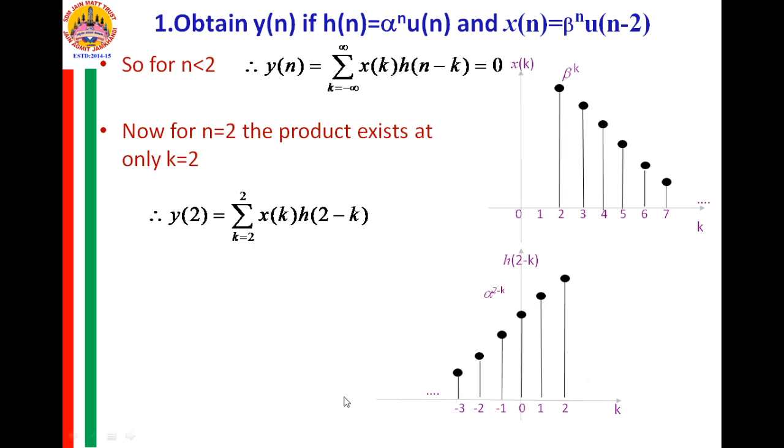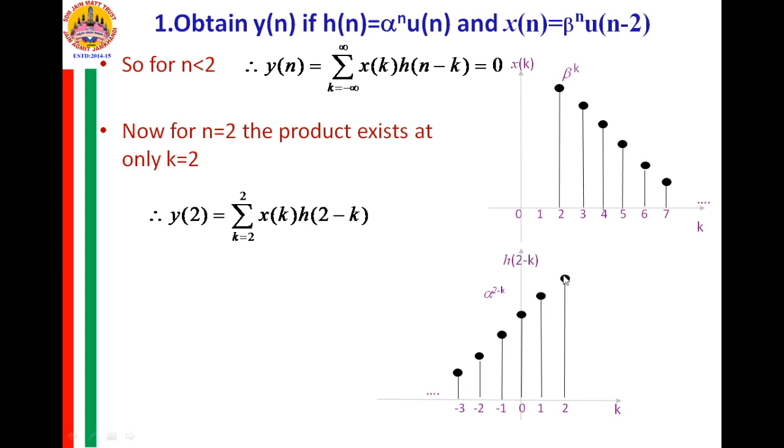Now this is an infinite duration signal and it is existing up to minus infinity. So I'll be going on shifting to the right side infinite times. So every time I shift this h of n minus k to the right side, our observation is that the overlapping always starts from the lower end or the left end of the product, which starts from 2.